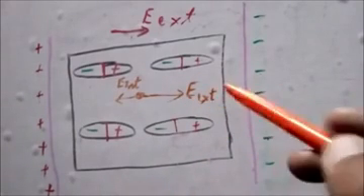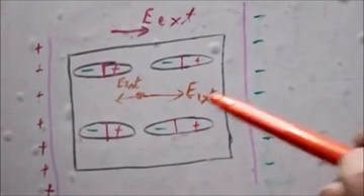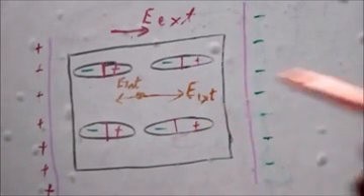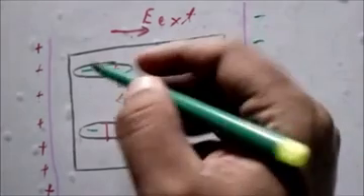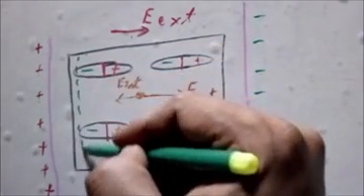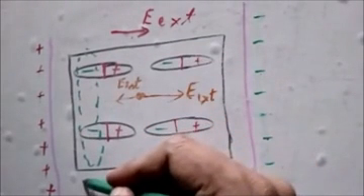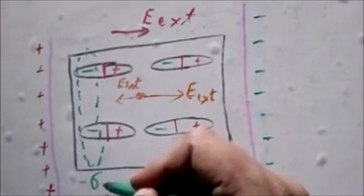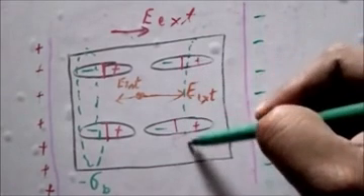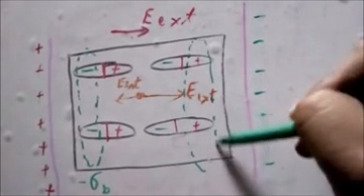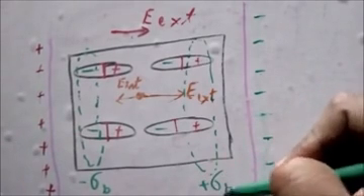So this shows that polar molecules get aligned in the direction of the external electric field, and on the left side the negative charges are together. They form a sheet of negative charges with surface charge density minus sigma b, and on the right side the positive charges come together and they have a surface charge density plus sigma b.